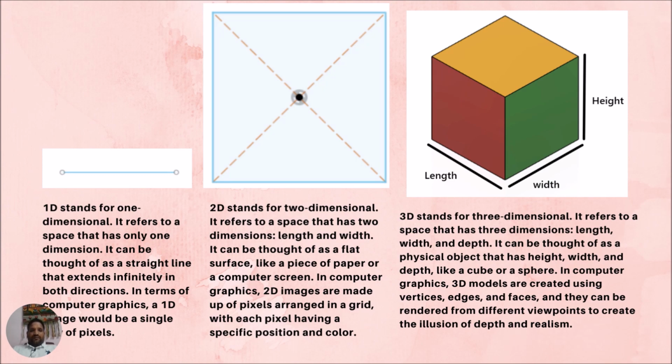So 1D is one-dimensional, 2D is two-dimensional. I will give an example for two-dimensional: a paper. If you take a paper in your notebook, we can call this two-dimensional. Your debit card, credit card or any card with negligible thickness, we can call two-dimensional.